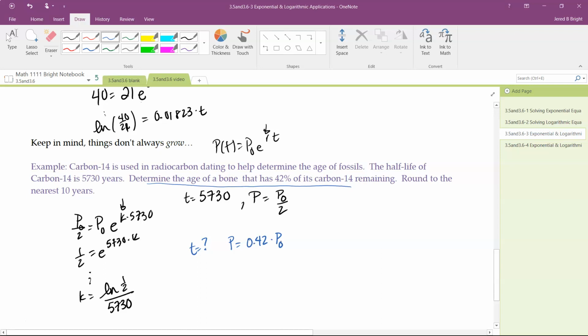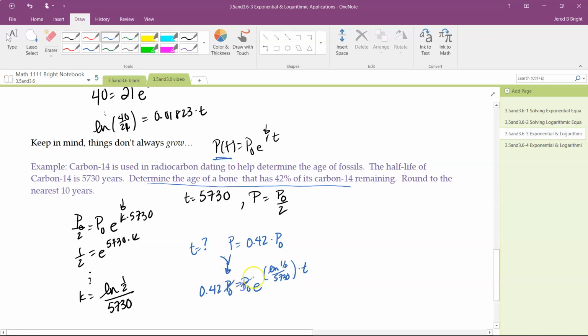I need to figure out what t is now knowing what k is. So I have 0.42 P0 in place of P of t, equal to P sub 0 e to the k, which is natural log of 1/2 over 5730, times t.